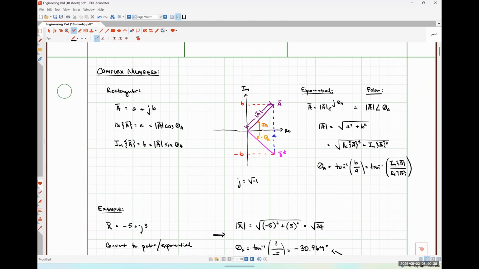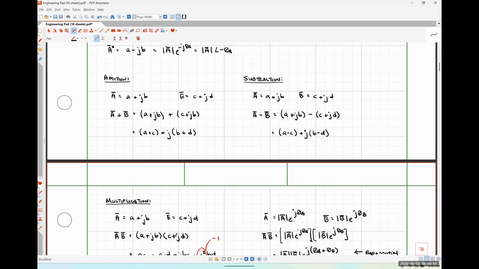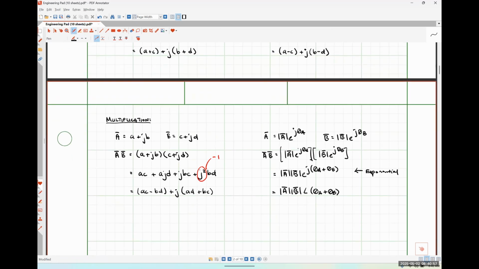So if I know that I have a magnitude of the absolute value of the length of vector A and an angle of theta A, then my polar form complex number is just that length, angle theta A. I was just doing that exact same thing down here. Here's my magnitude, and I kept it. Here's my angle, and I kept it, and I just throw the rest away.